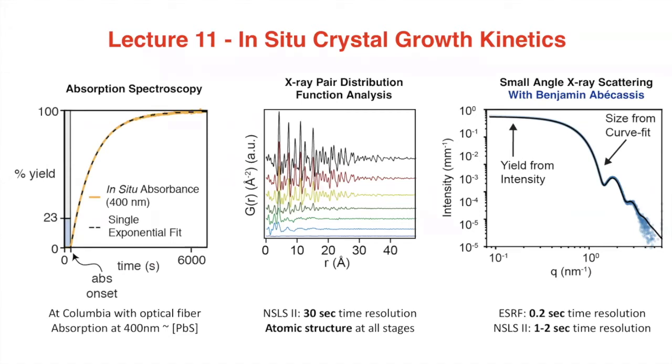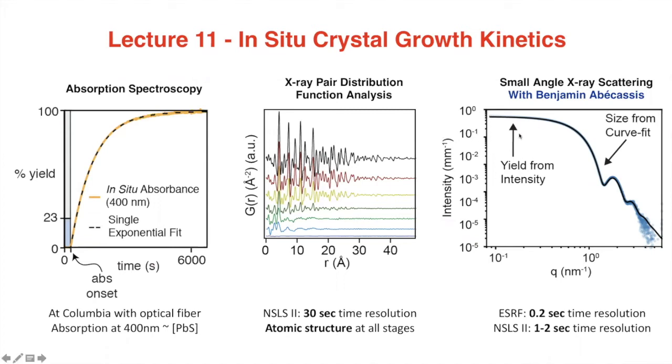So it's a sort of histogram of distances in the material. And with time here, we're going from blue to green to yellow to red to black. Crystals are forming, and so you see regular spacings in this pattern that can be used to extract things like the crystal structure, i.e. rock salt, or the particle size.